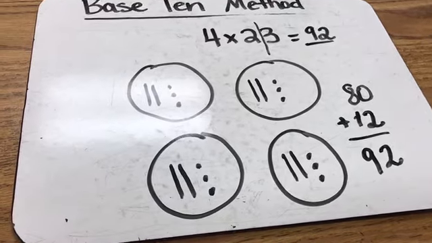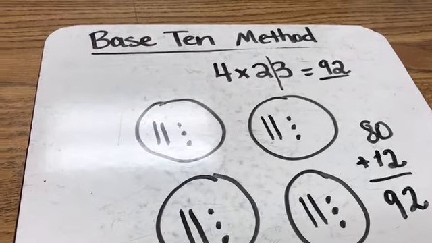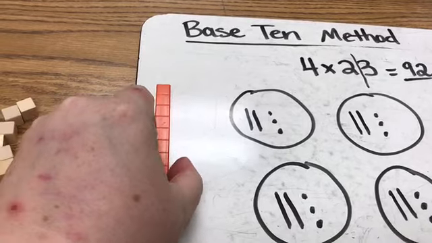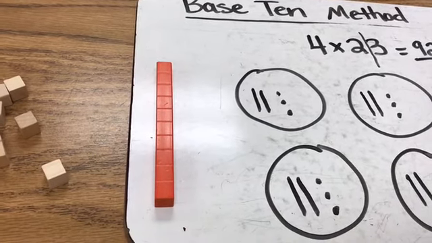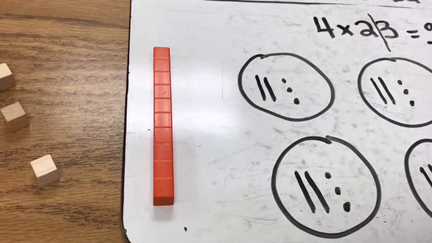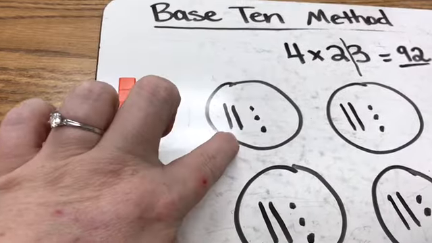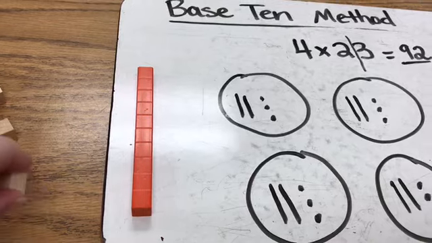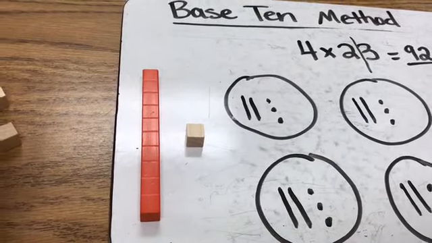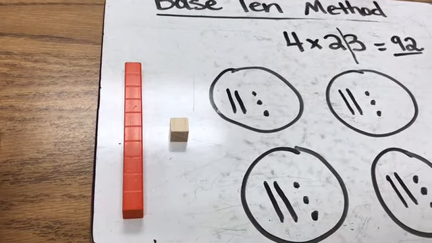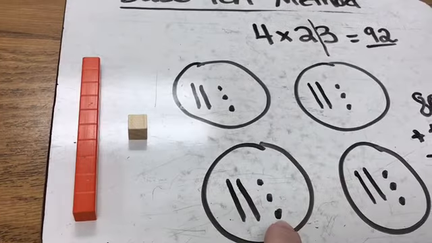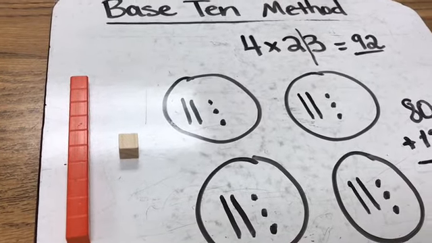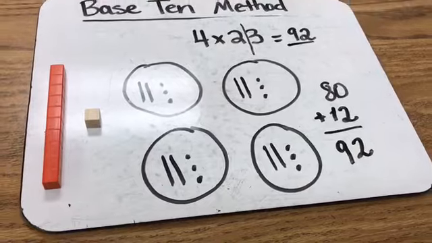Remember that in order to represent your 10s, your long, or we might lovingly call it a French fry, you're going to use these lines right here. In order to represent a cube or a 1, you're going to use these little dots. Okay? And that's how you do the base 10 method.